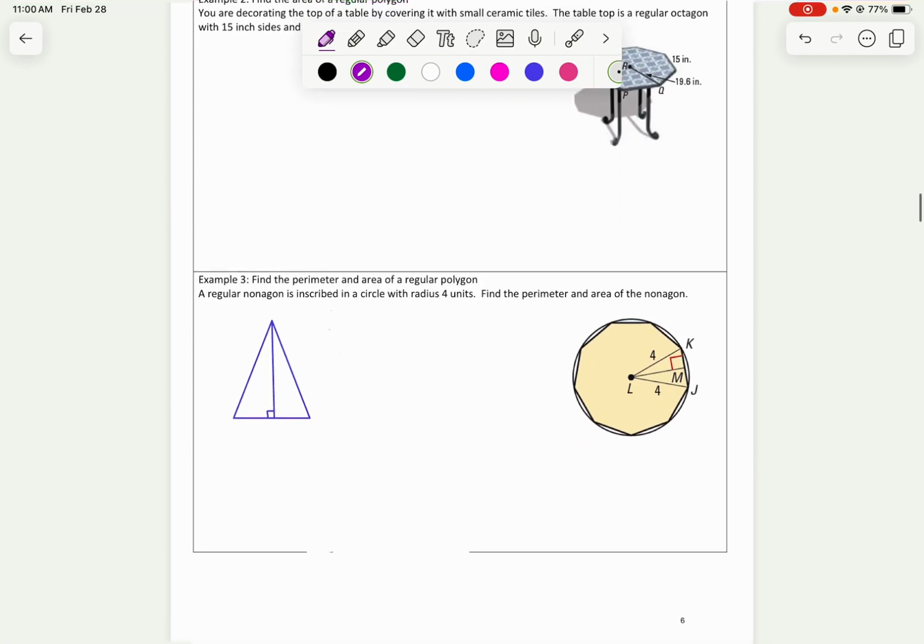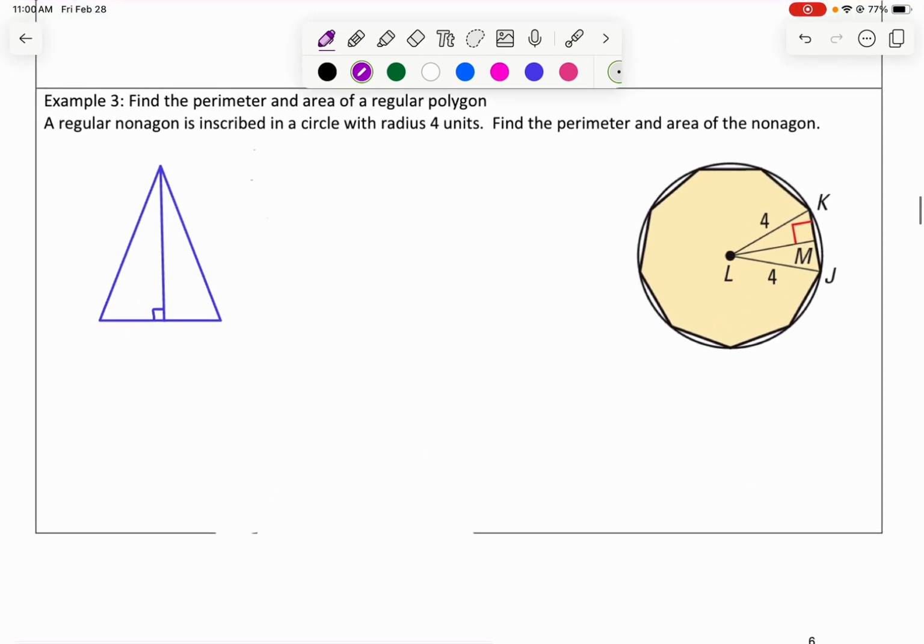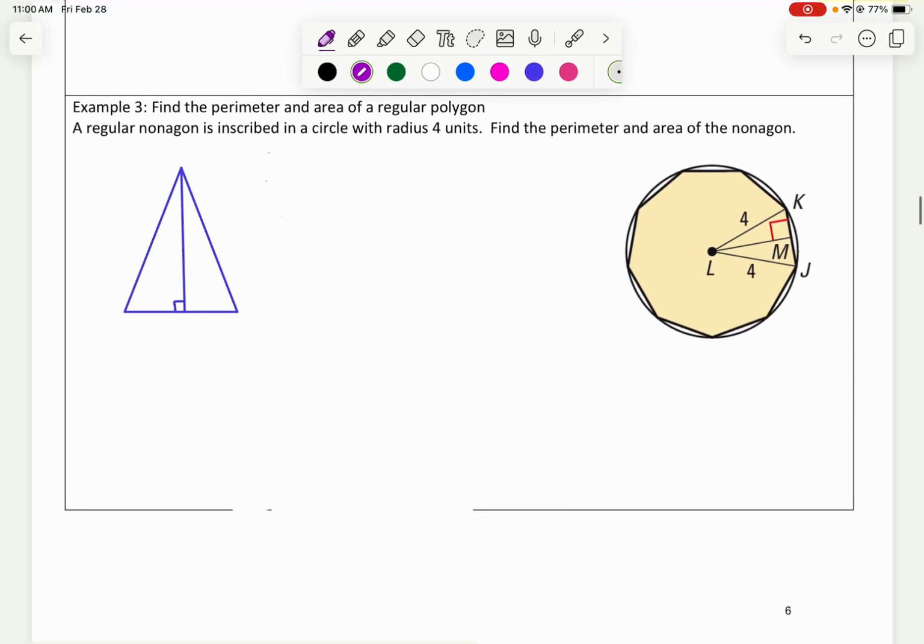So go ahead and find this example on the bottom of page 6. We're redrawing this triangle here so that it is oriented in a more user-friendly manner. So right now I need you to find and label. We're given each of our radii are 4. And then we were told that this is a nonagon.